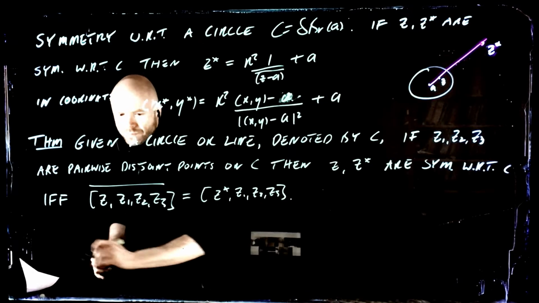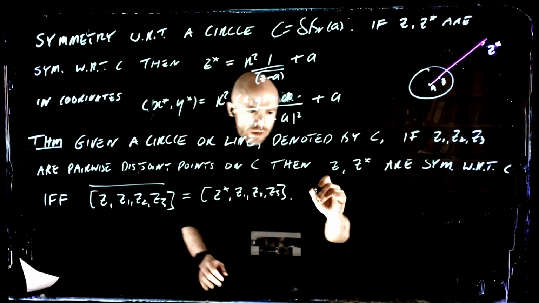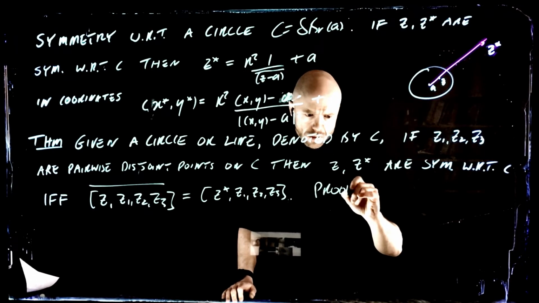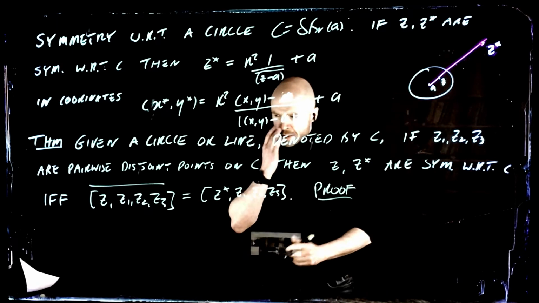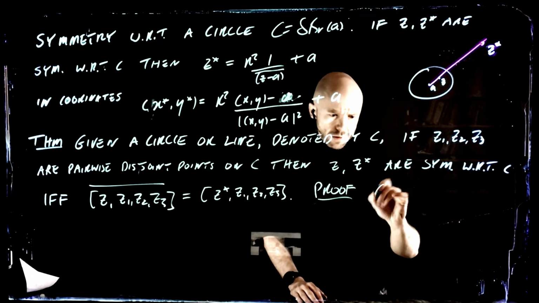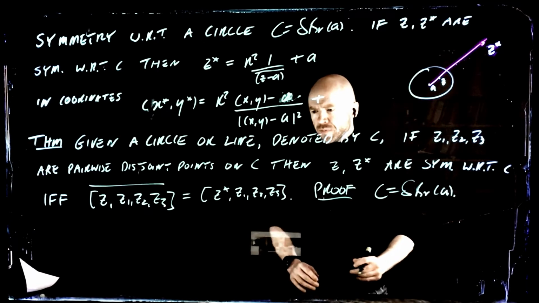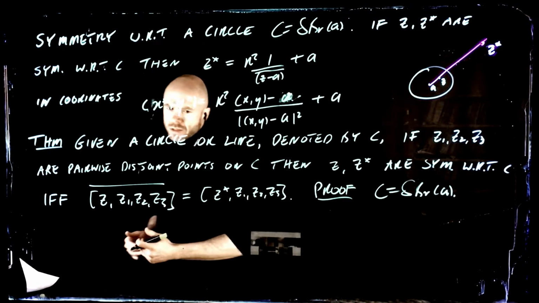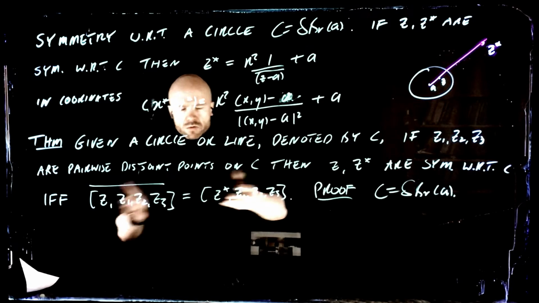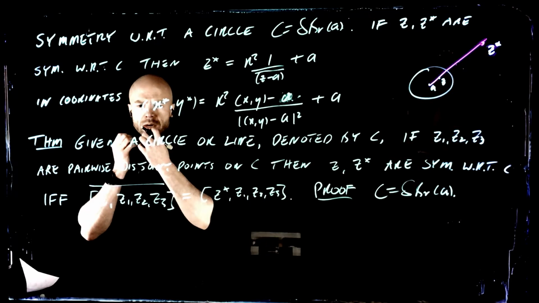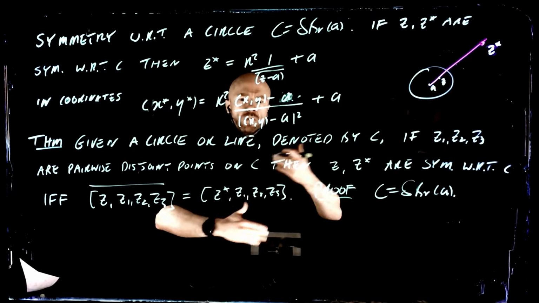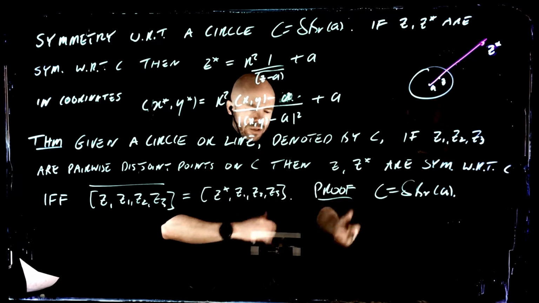Okay, so let's try and save space. So proof. Let's first take the case when C is a circle. So the key thing we're going to use to prove this is the fact that we learned that this cross ratio is invariant when we take Mobius transforms.